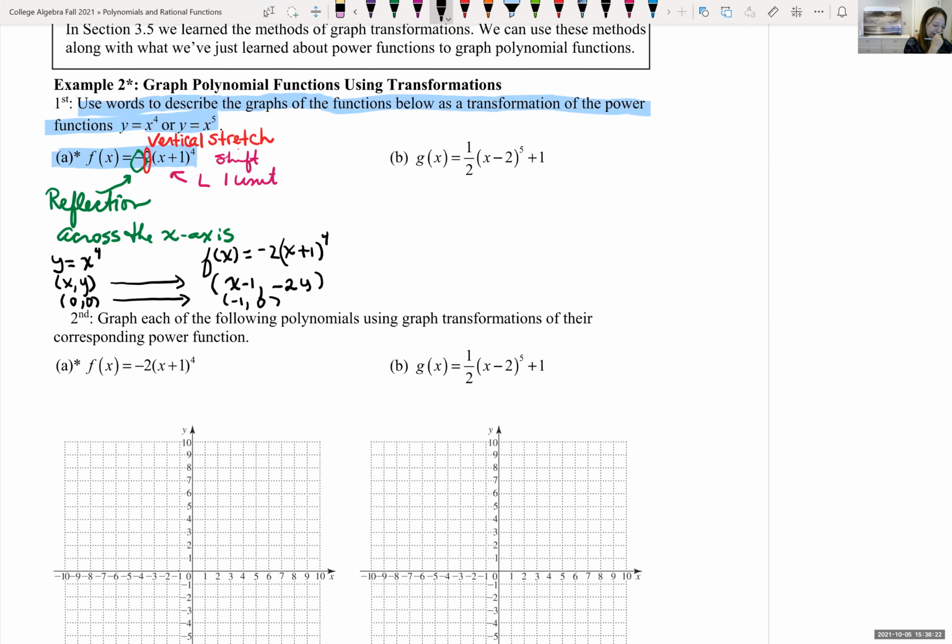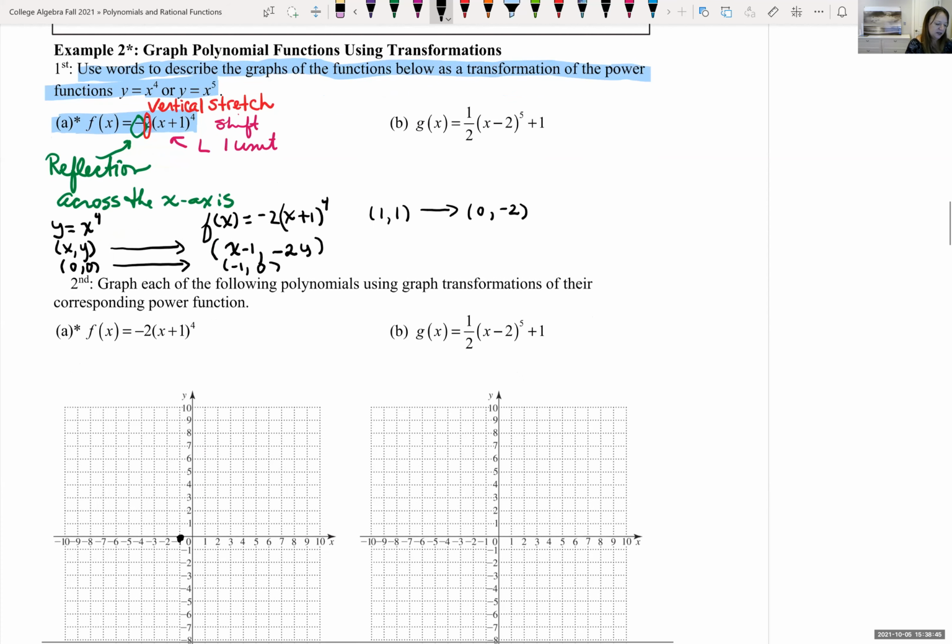If we look at another point, so 1, 1, and we apply that formula, well, 1 minus 1 gives me 0. And 1 times negative 2 is negative 2. So we have a point at 0, negative 2.